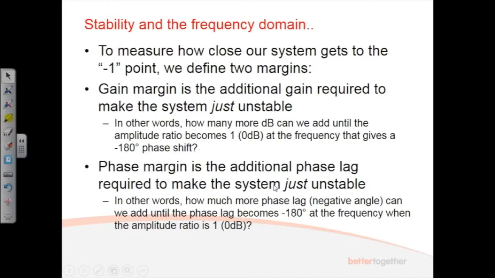Phase margin is asking a similar question, but it asks how much additional phase lag, remember that lag is negative, can you add to make the system just unstable? So we identify 0 dB and see, can I put in any more phase lag to get me to -180? If the answer is positive, we've got stable systems.